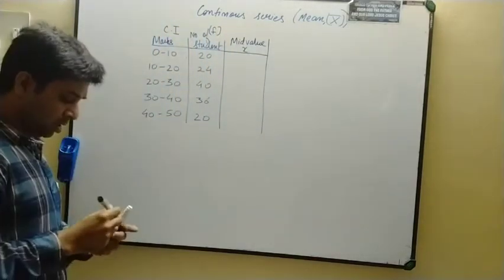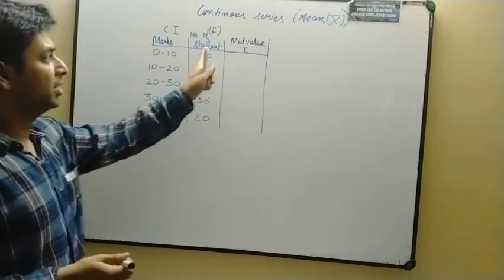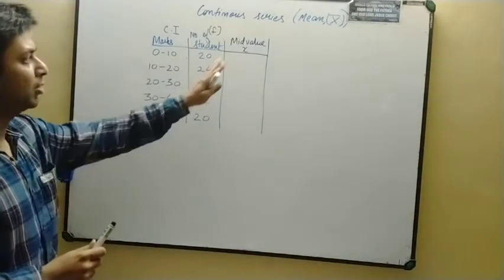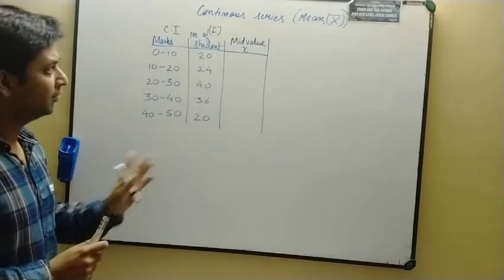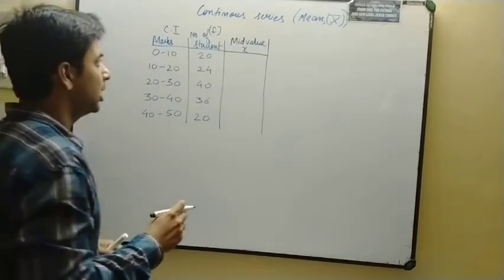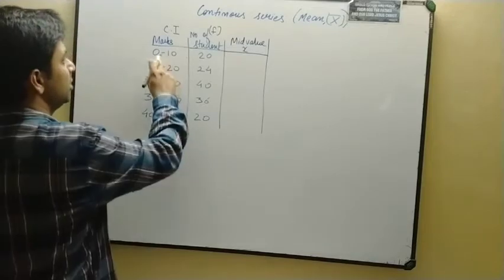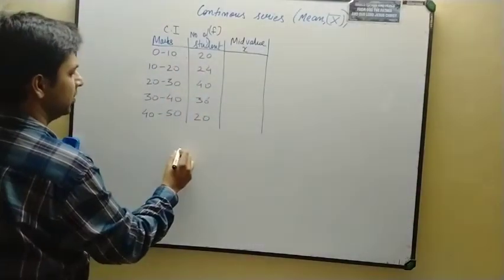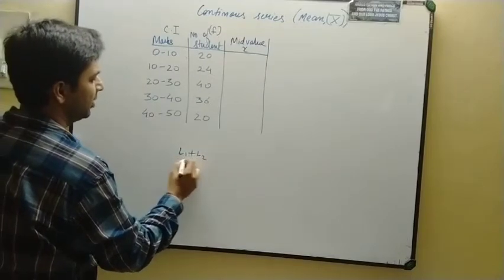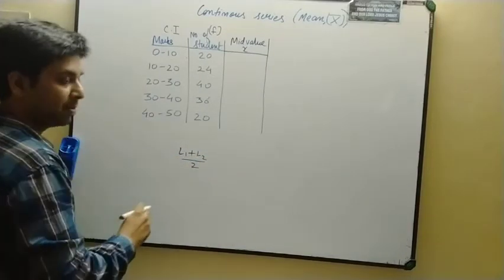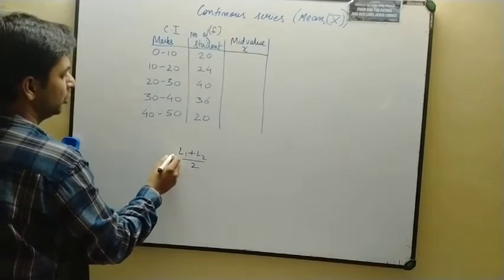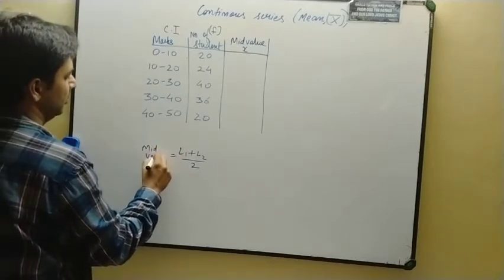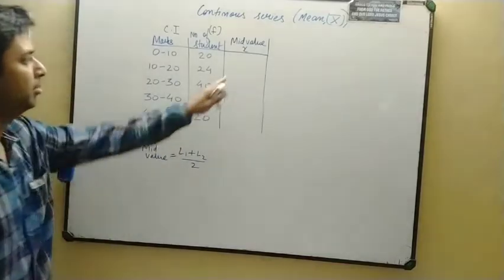Here, the first step in the case of continuous series will be calculating the mid value. So how to calculate this mid value? For 0 and 10, the formula will be L1 plus L2 divided by 2, that is lower limit plus upper limit divided by 2. This will give you the mid value.